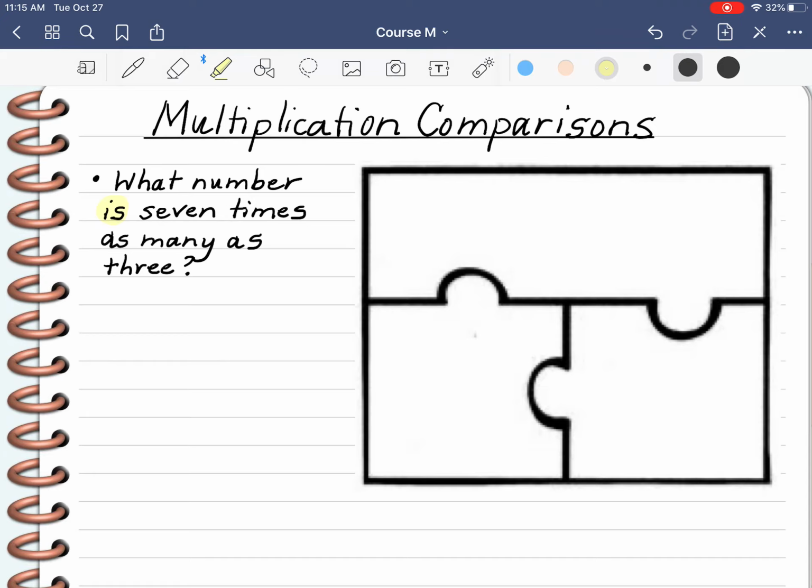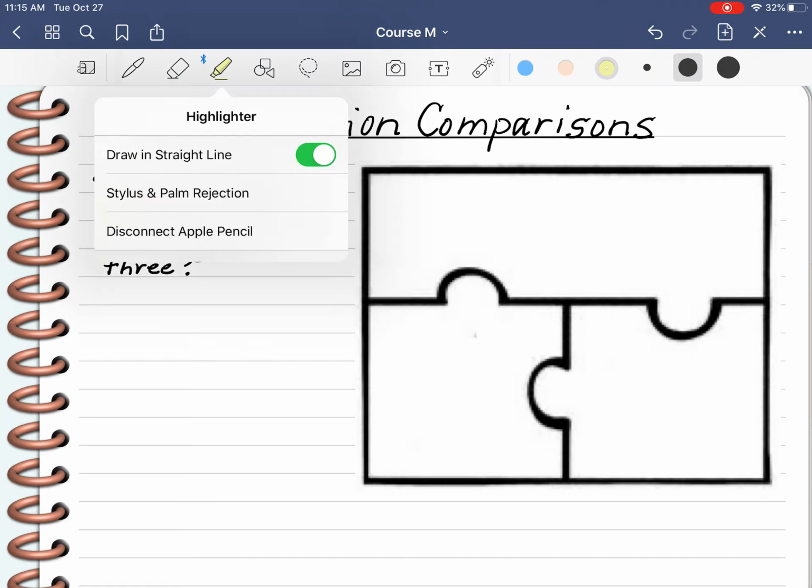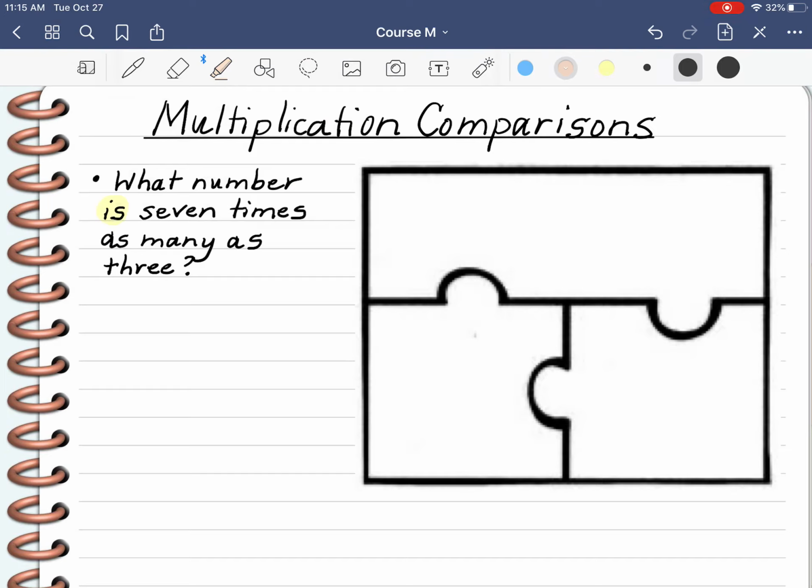So instead of writing that out longhand, I'm going to use what's called a variable to take the place of this phrase, what number. I'm going to use an n because number starts with n. So n is 7 times 3. That's an algebraic expression because it has the variable, it has the unknown number.